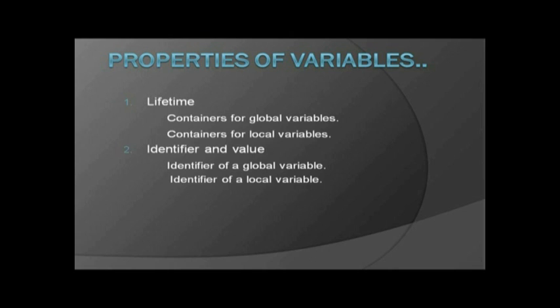The identifier of a global variable is an input to the global command which declares it. For local variables, the identifiers get their initial values from actual arguments provided on procedure invocations.